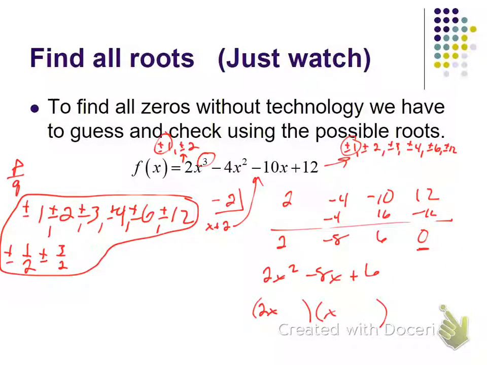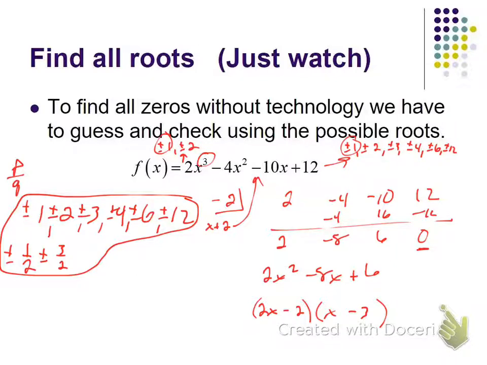We need factors of 6 that when you multiply one of them by 2 will add to -8. You should know all of this. And so let's make this -3 and +2, and that would get it done. No, sorry, -2. And that would get it done.